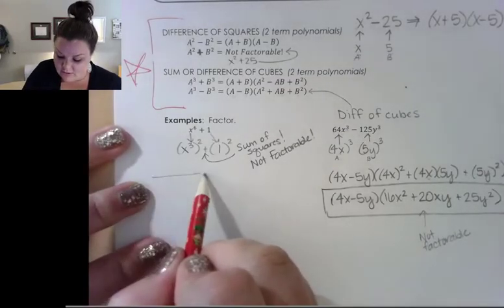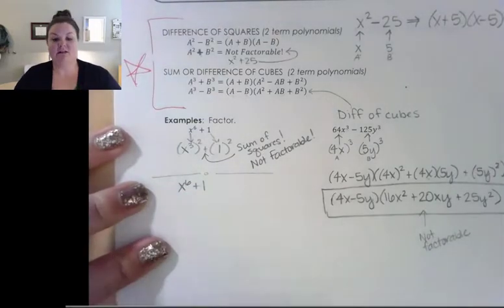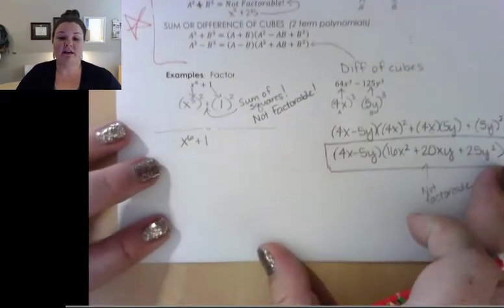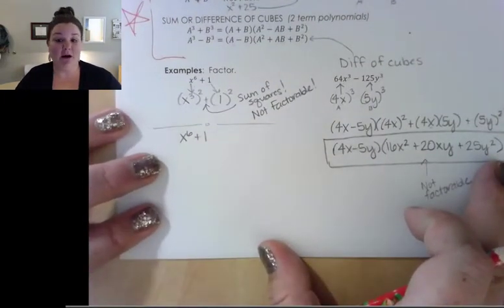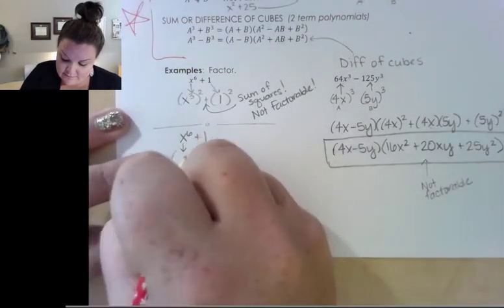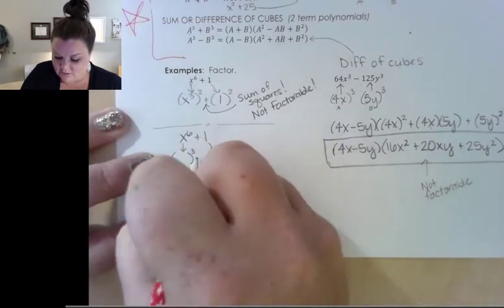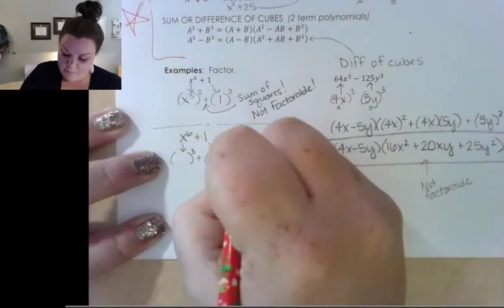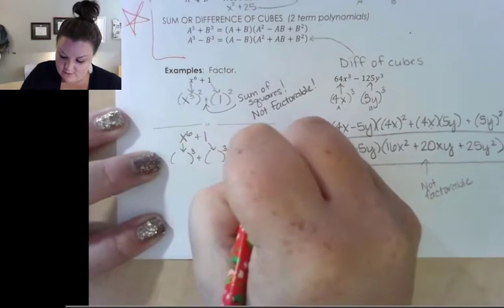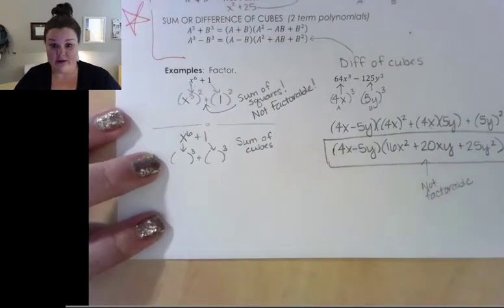So we're going to look at this one in a different light. So x to the 6th plus 1. So let's see if we can get a little bit further if we look at it as a sum of cubes. So that means I want to write this as something cubed and this as something cubed, okay? Because I'm hoping for a sum of cubes because we have a formula for that one, right?